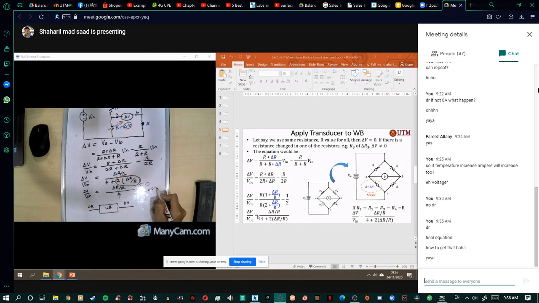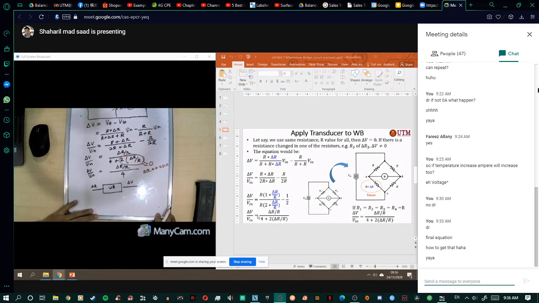It's like 0.001 ohm. So 2 times 0.001, divided by, for example, your R of 120, will give you a very small value, almost zero. So 4 plus 0.0001, for example. So you can say that I just take it as 4.